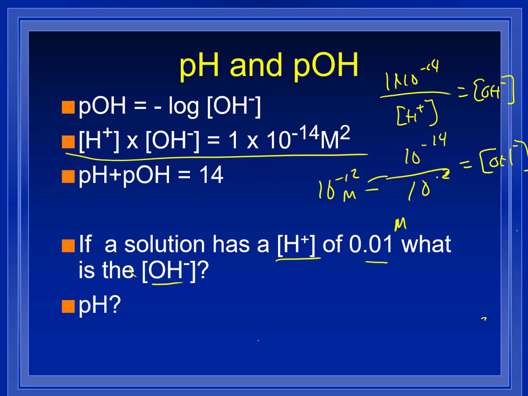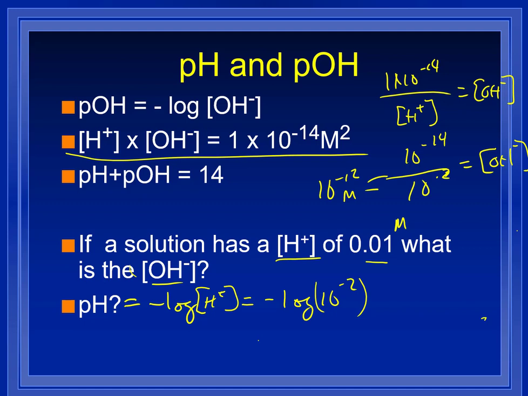Okay? What's the pH? Well, pH is, by definition, the negative log of the H plus concentration, which is the negative log of 10 to the negative 2. So what power would I have to raise 10 to get 10 to the negative 2?